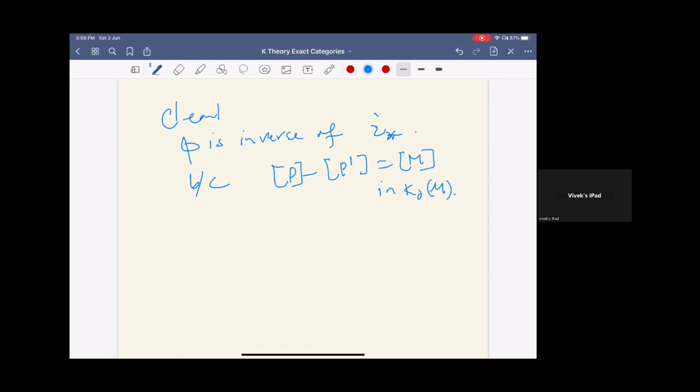That is the relation in the K0 group, right? So that's why M always can be written as P minus P prime. So basically phi is the inverse of I star, which implies I star is an isomorphism.